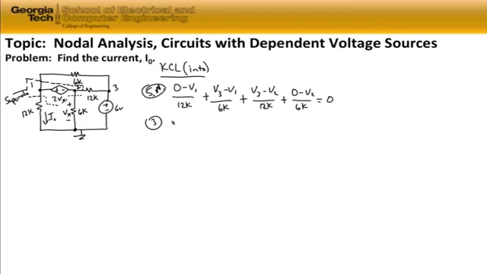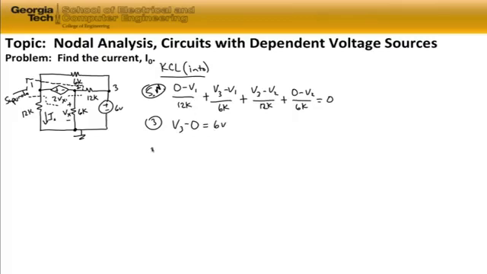So in this case, V3, which is tied to the positive polarity of the 6-volt source, minus 0 is equal to 6 volts. So we can find V3 directly. It's equal to 6 volts. That's one of our unknowns.